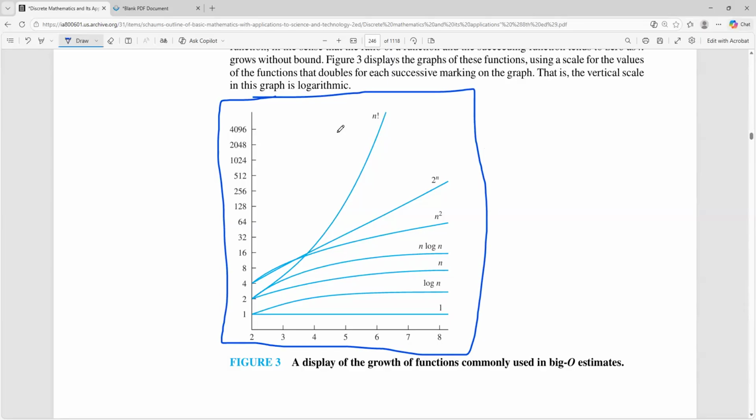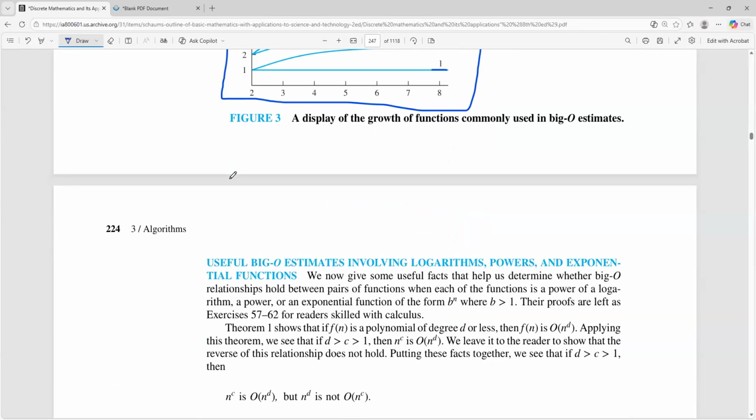And it's nice to memorize this. Constants are always fastest, logs are second, then you have degree one, n log n, and polynomials. There's all sorts of polynomials in here. And exponentials and factorials always grow largest. Okay, that's it.